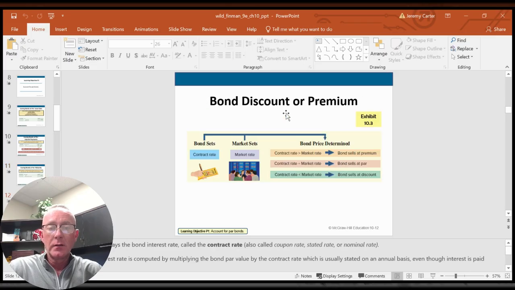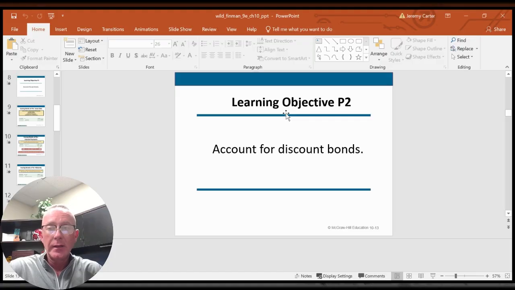So if I have $100,000 to invest and you have a bond for your company that gives me 6% for my money, but I can put it in another investment for 8% return, why would I give you $100,000 to do that?